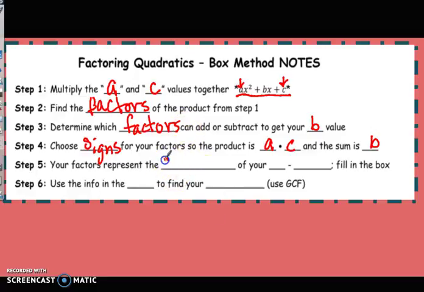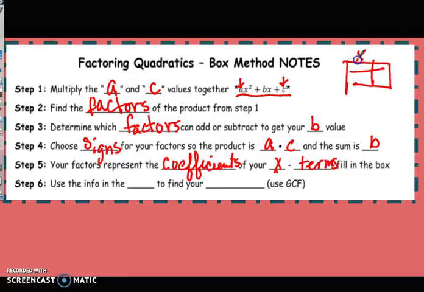Okay, so factor coefficients of your x terms to help you fill in the box. You remember that box that we multiplied things with and how we multiplied with that? We're basically going backwards to figure out how we would get these outside factors today.